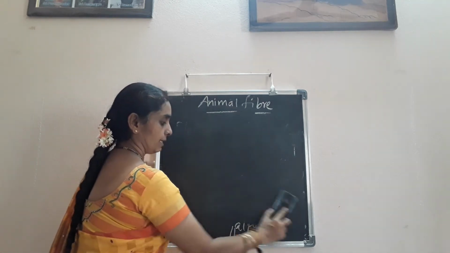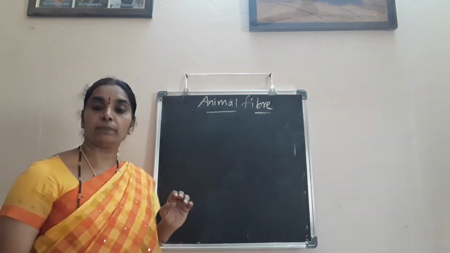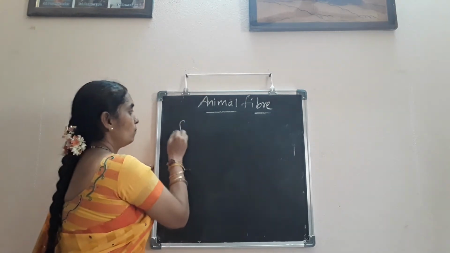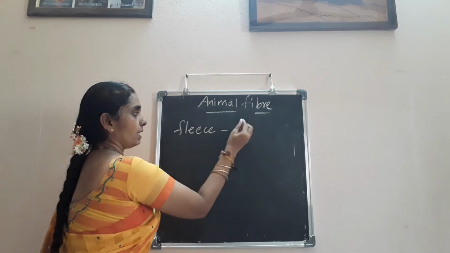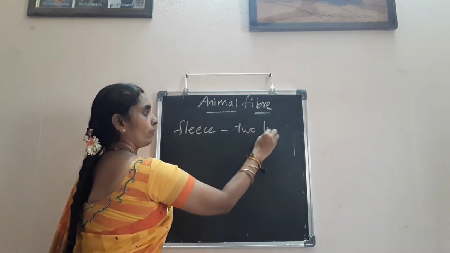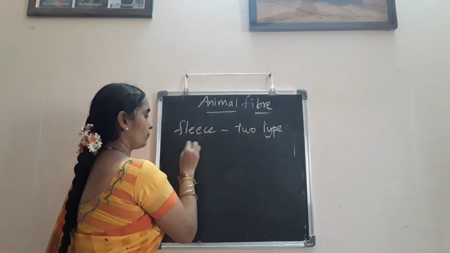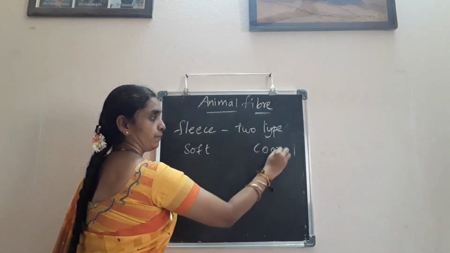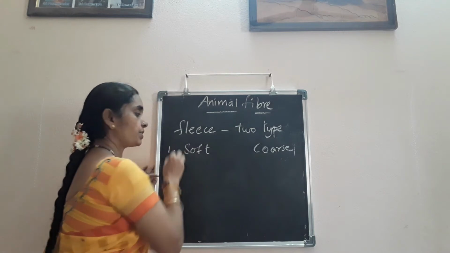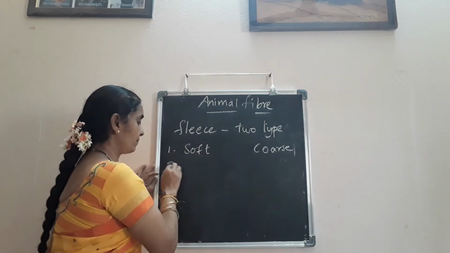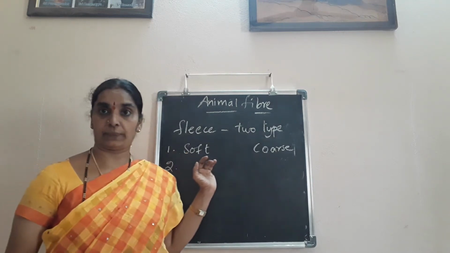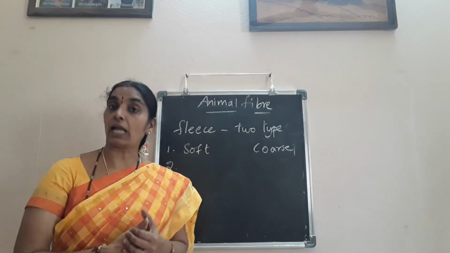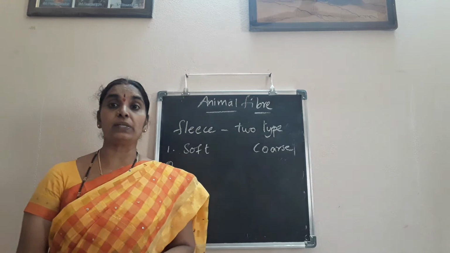Types of fleece. Fleece is of mainly fine and coarse type. So fleece we get in two types. Some fleece is very soft and some is coarse. And the fleece that is very soft is especially of alpaca, the Angora goat, and the merino sheep.